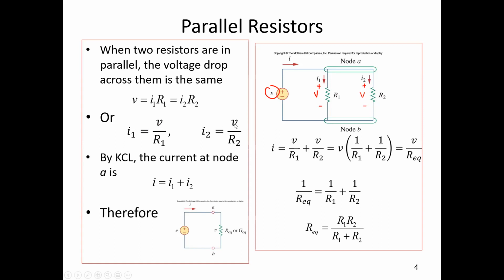So I2 is equal to the voltage across the resistor over R2.